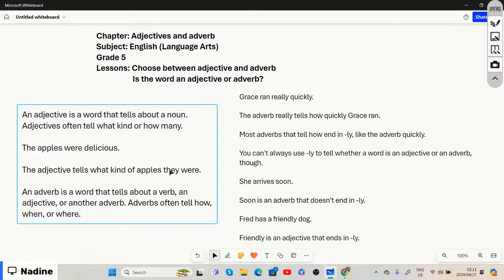All right. So we said an adverb is a word that tells us about a verb, an adjective, or another adverb. Adverbs often tell us how, when, or where.